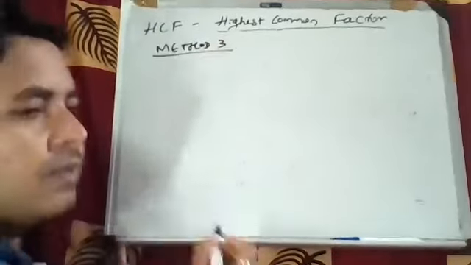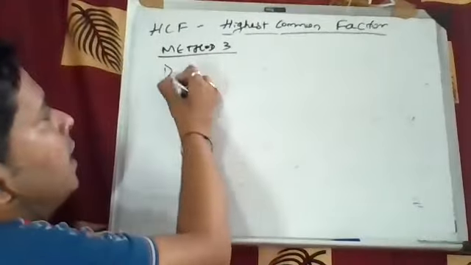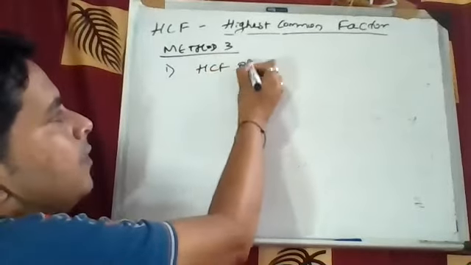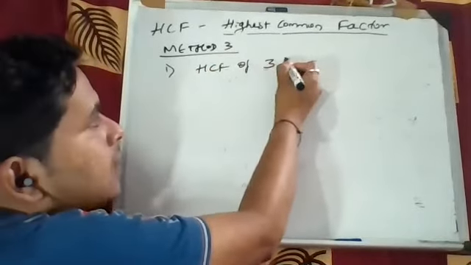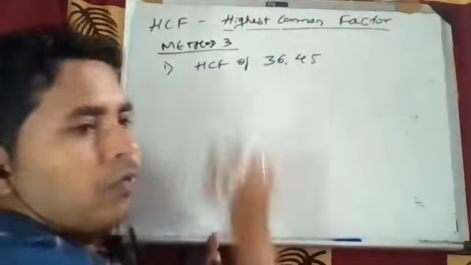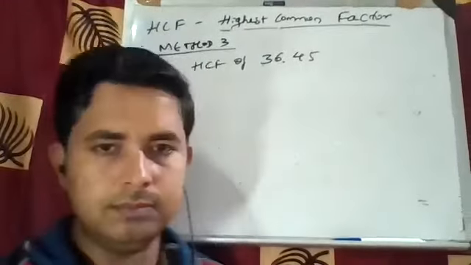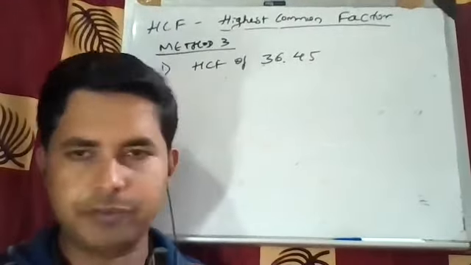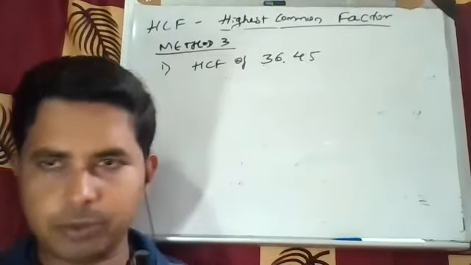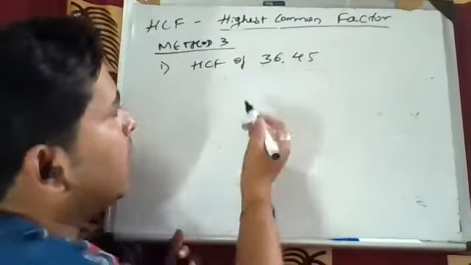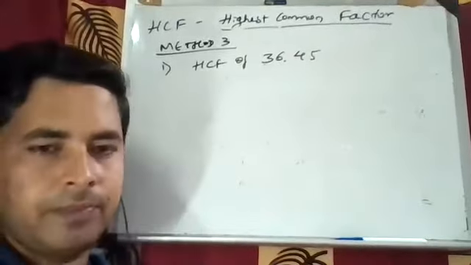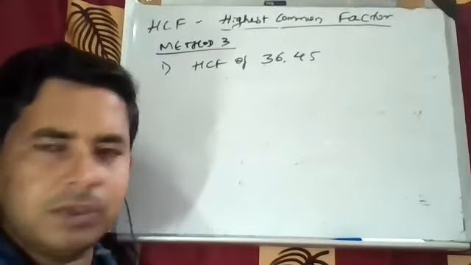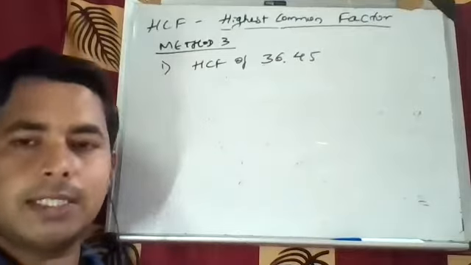Okay, so I'll take method 3. I'll take one question: HCF of 36 and 45. This is the normal method. What you have to do is take a common factor between 36 and 45. The smallest common factor between 36 and 45 is 3.